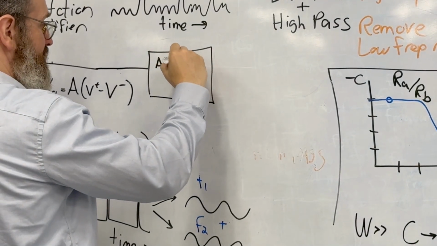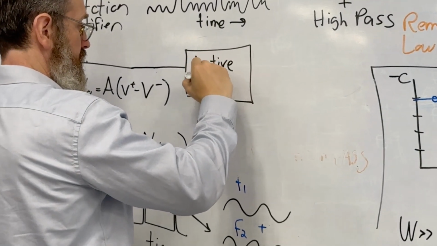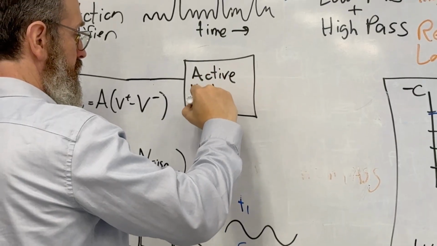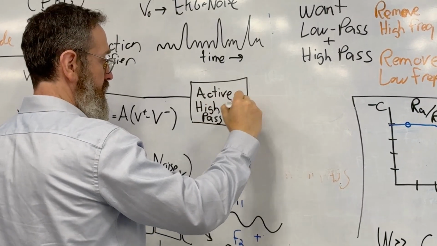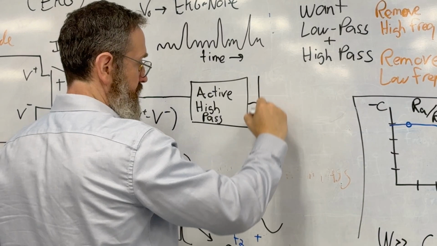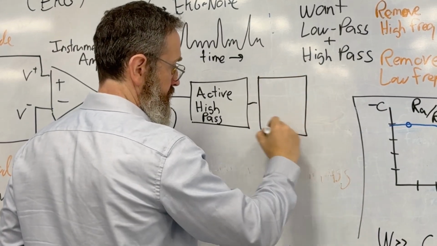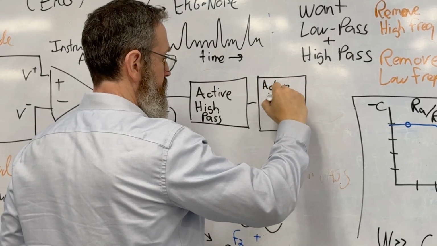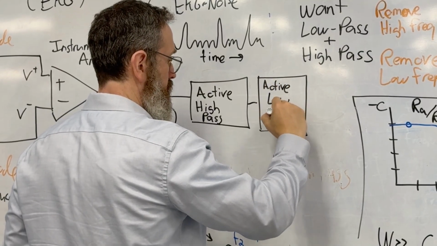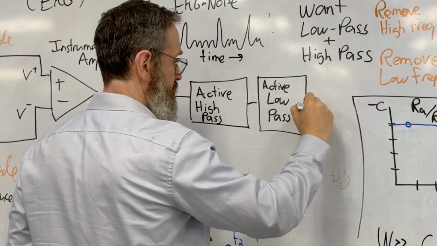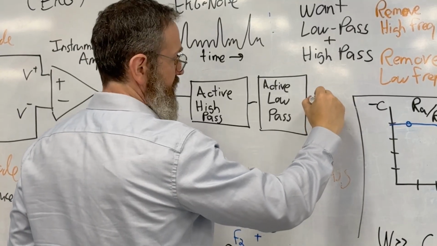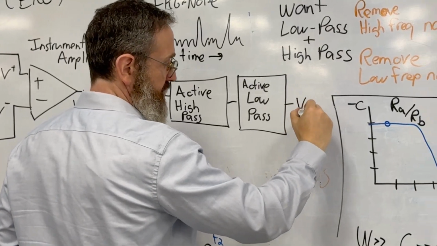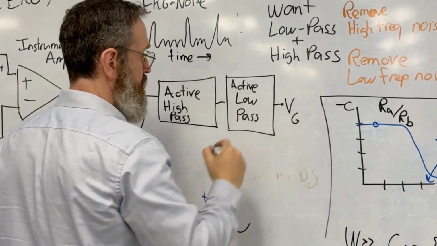This is your active high pass. And you can put after that your active low pass. And then you'll get your V, whatever it is, VG for V good.